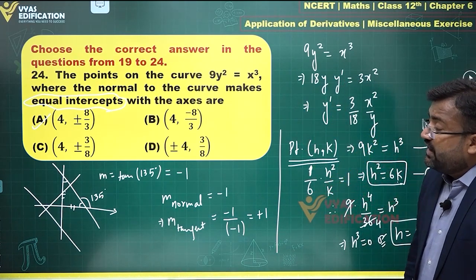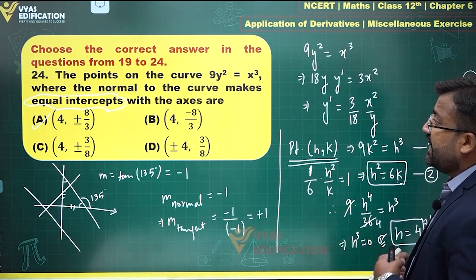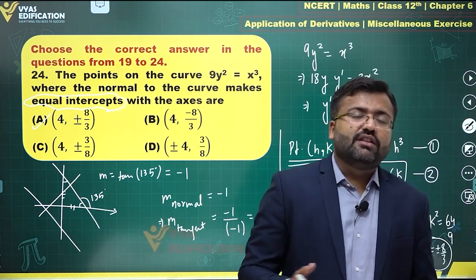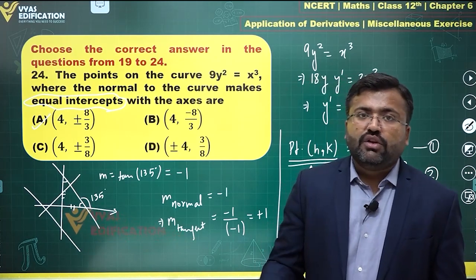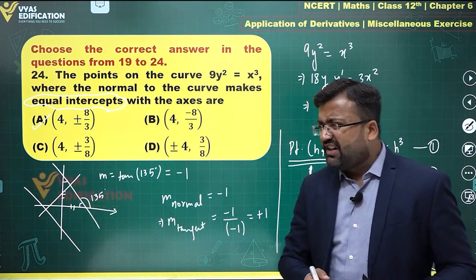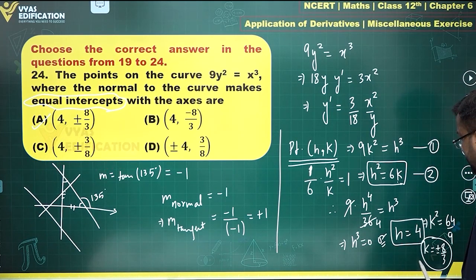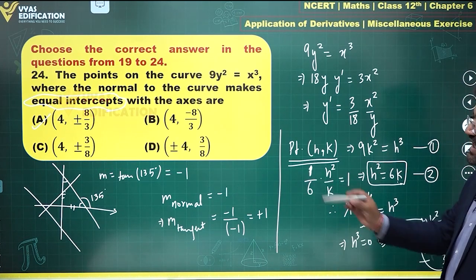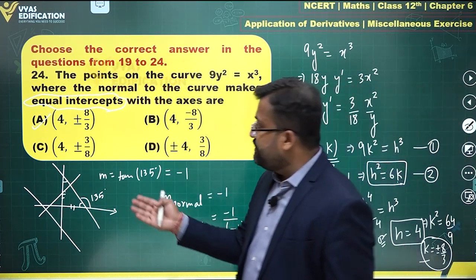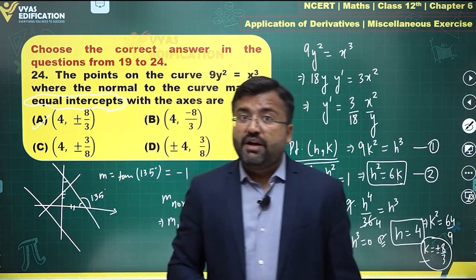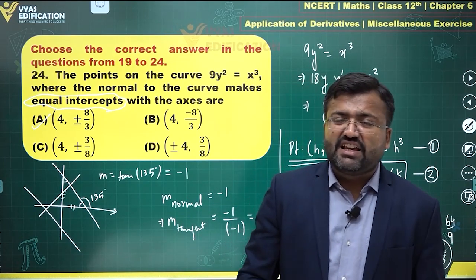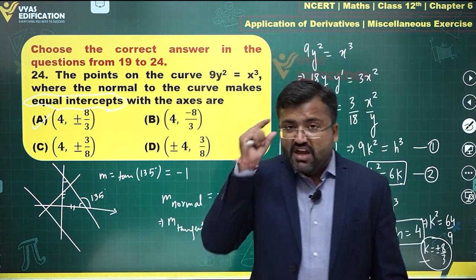The NCERT people have considered that equal intercepts means you're not worried about the sign, only about the magnitudes. But that's not the actual thing. The JEE people have a concern in that. For the NCERT, we can say that equal intercepts means both cases. But in general, when you get the question in the JEE examination or any other examination, be very careful.